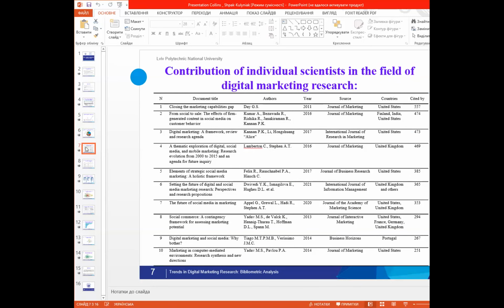As well, we analyzed the contribution of individual scientists, researchers in the field of digital marketing. You can see names, countries of origin, numbers of citations, and also years of publication.